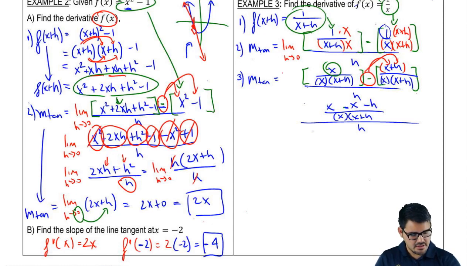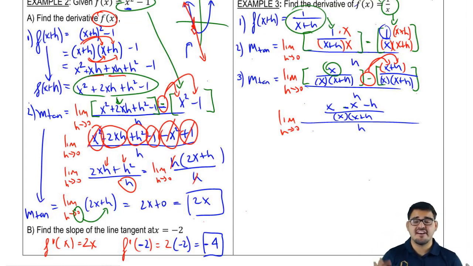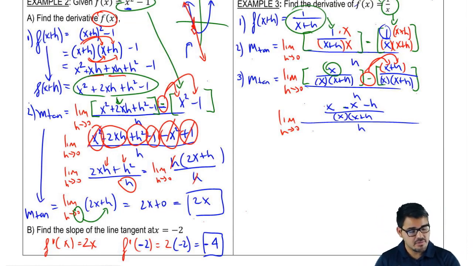Alright? Now let's take this time here to catch up and put some limits. So now that I have subtracted my fractions and I have fixed my top, I'm going to go ahead and combine like terms. So I'm going to go ahead and get this x here and this minus x here, and they're going to cancel each other out. So now let's check here what we have.